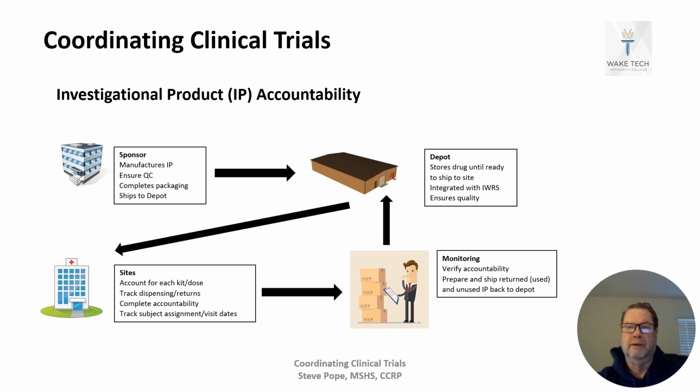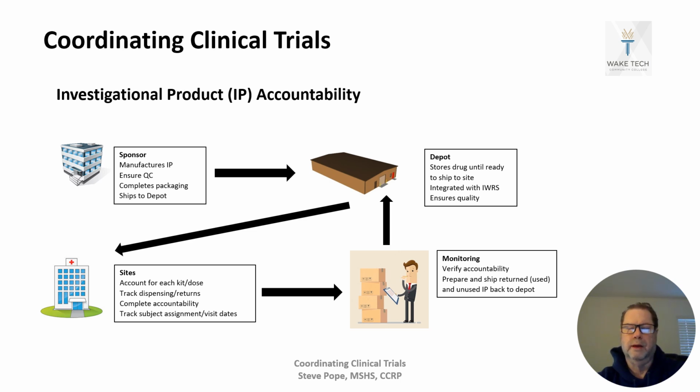Normally, when it's sent out, the depot is going to place a little temperature monitoring device called a temp tail in the box with the IP, and it's going to record the temperature in transit.